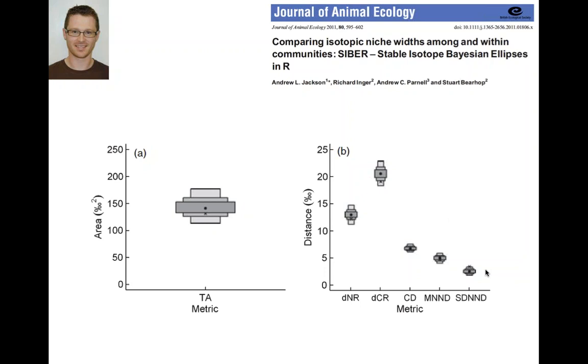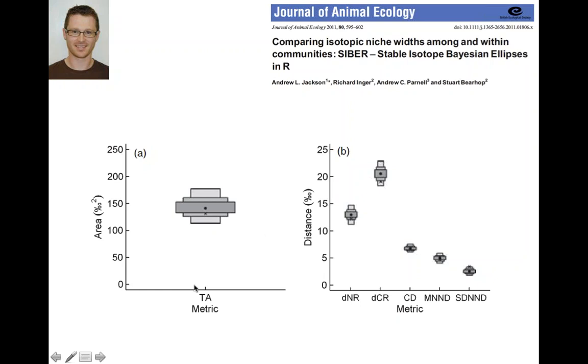So you can now compare and contrast two different food webs. If you've got food web 1 versus food web 2 and a difference in TA, and you just use that initial Layman metric, you just have two individual measurements. You've no way of calculating the variance on that.